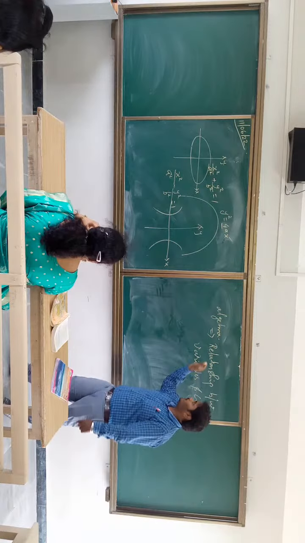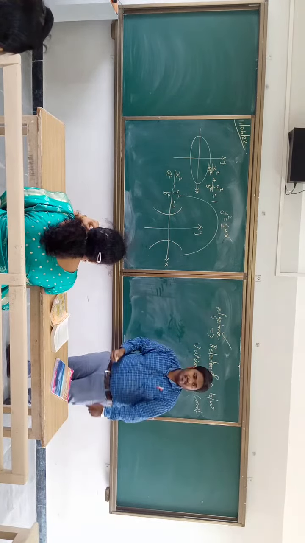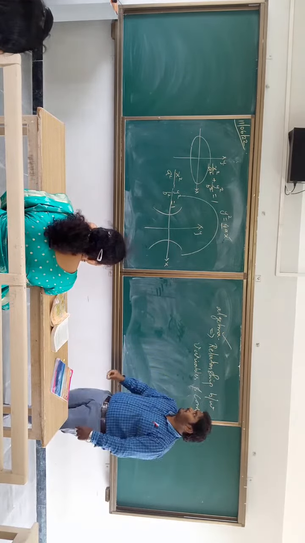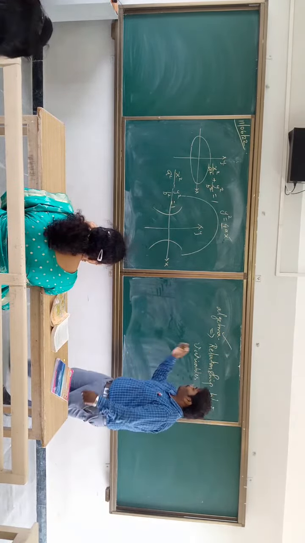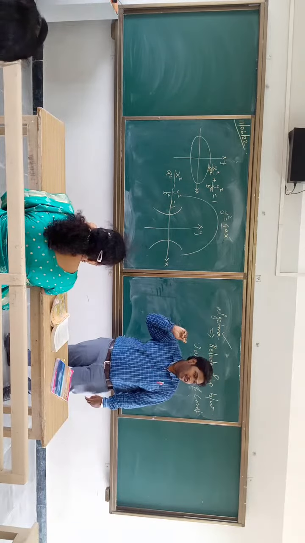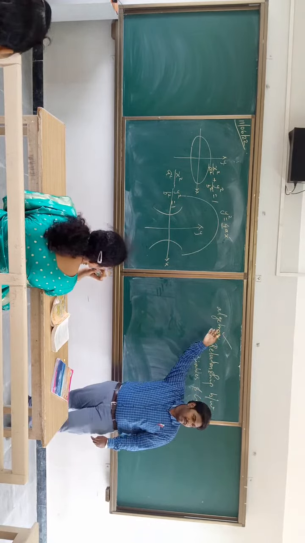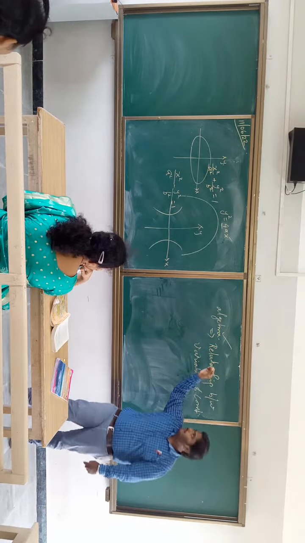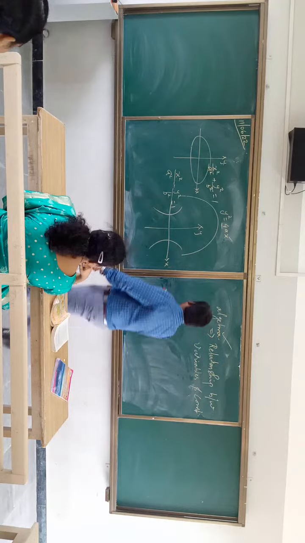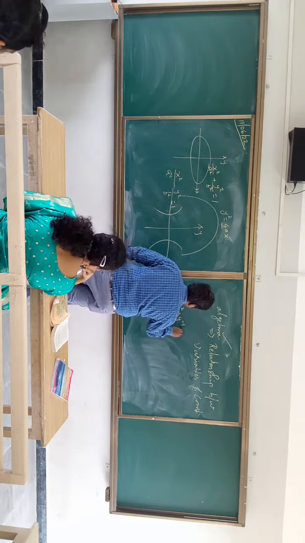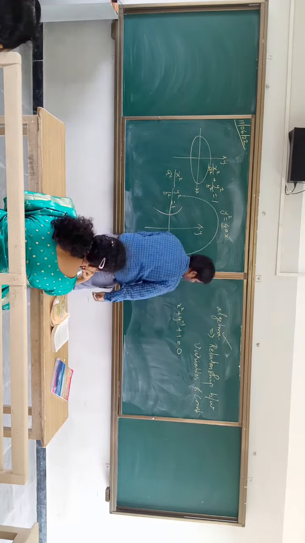With respect to this algebra, we have polynomials. A polynomial is one where the power should be a whole number; then it is said to be a polynomial in terms of algebra. Suppose we have an equation x square plus y power minus 1 plus 1 equals 0.